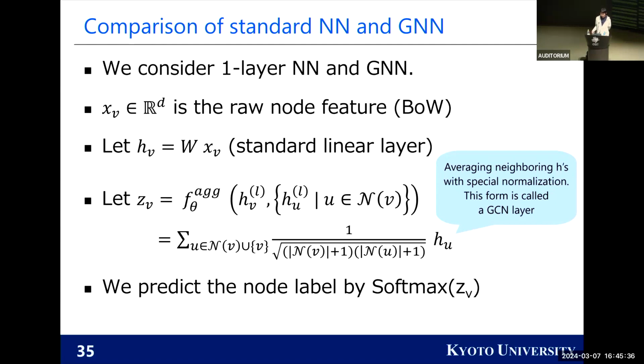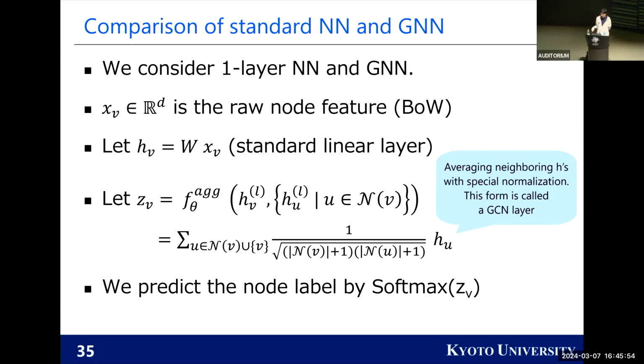But there is a bit of a tricky normalization factor. It should be N_V plus 1 in the standard average, but we adopt the square root of (N_V plus 1) times (N_U plus 1).